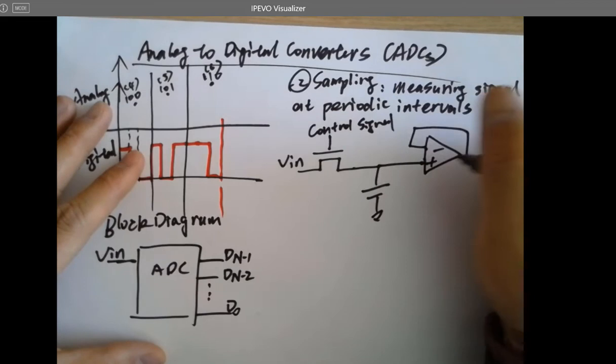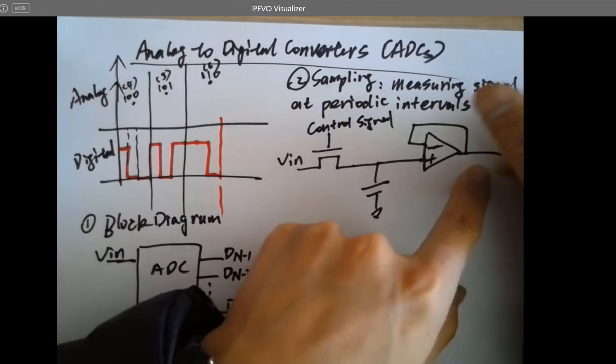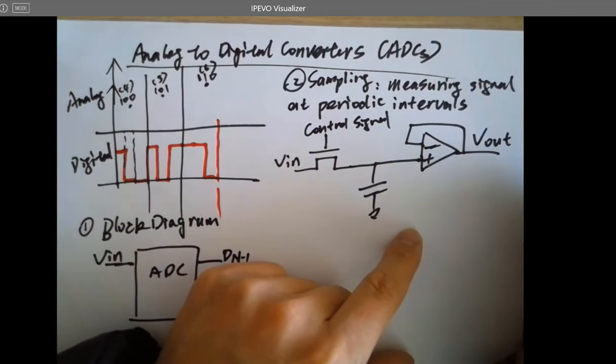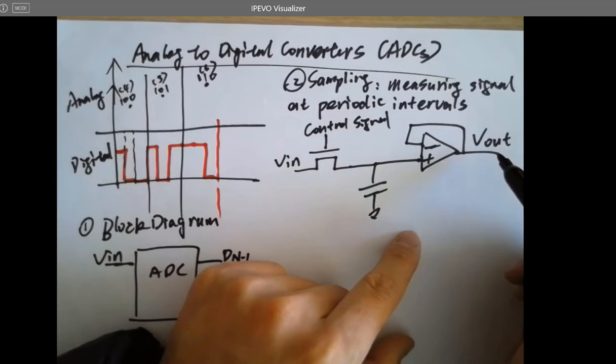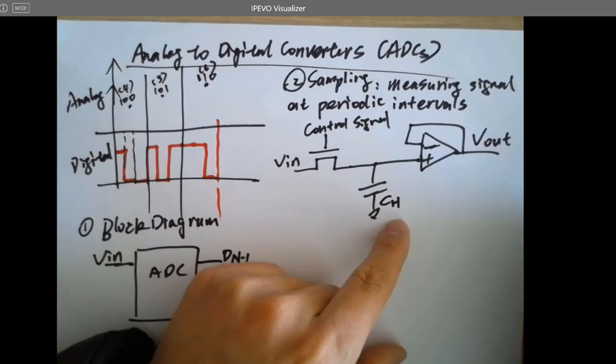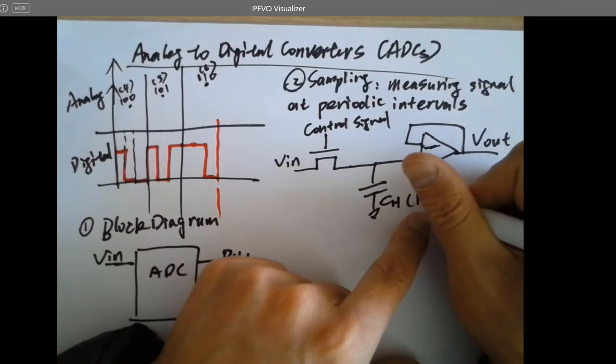What is this op amp here? It's a buffer or a voltage follower. Voltage follower means the input equals the output. That's CH. That's a holding capacitor.